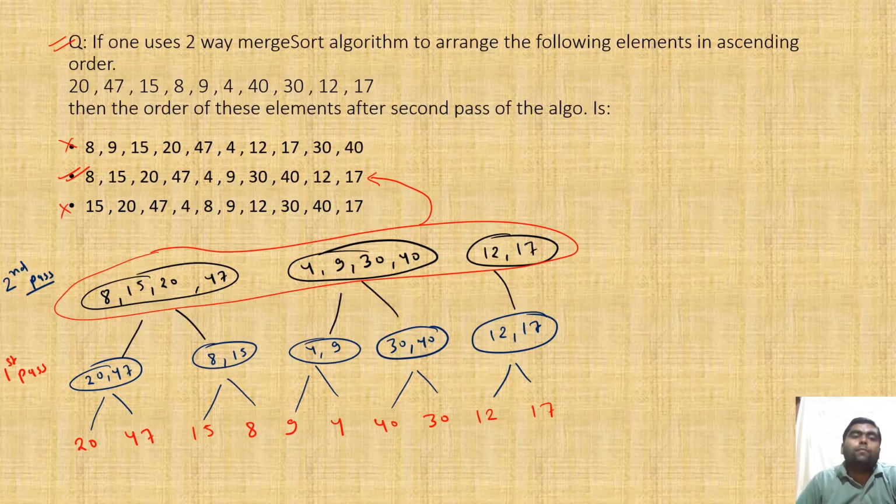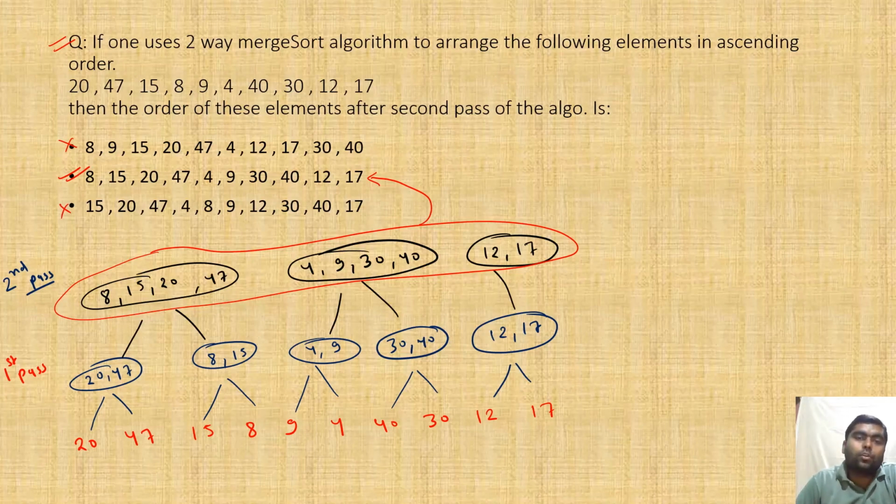Okay, and a few important points related to merge sort: merge sort is only applicable and suitable for larger size inputs, because if the list already has very few elements, then we are doing a lot of unnecessary work, since divide and conquer is a recursive procedure done again and again.